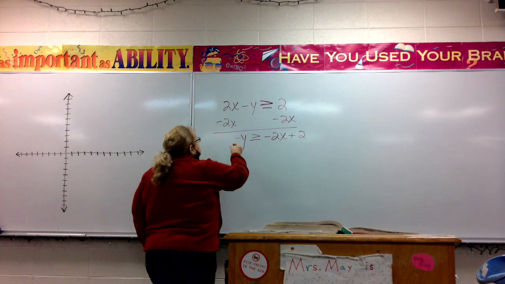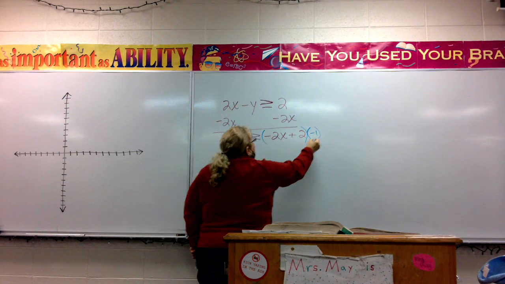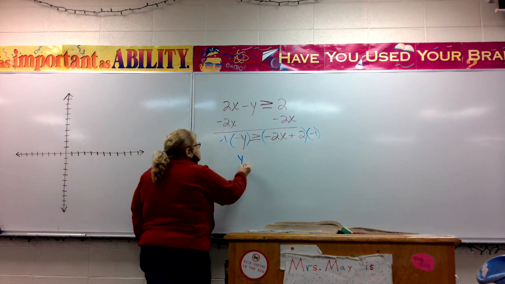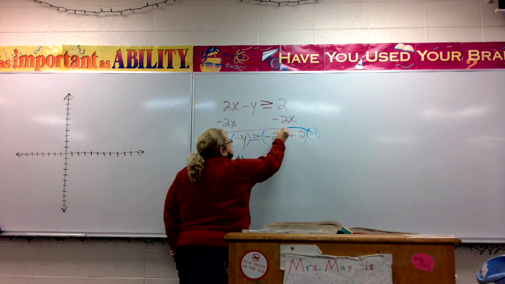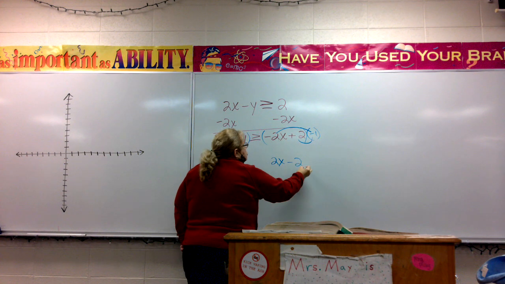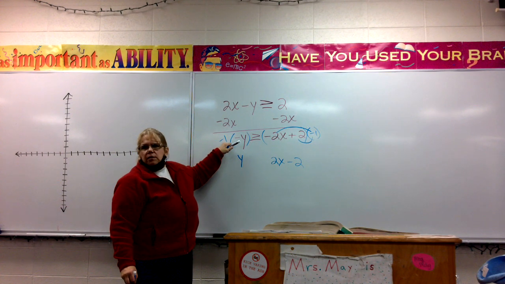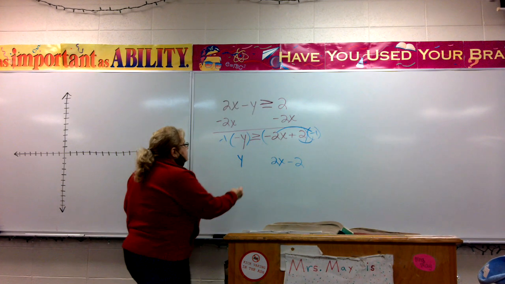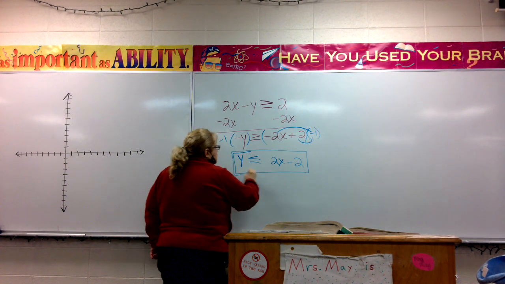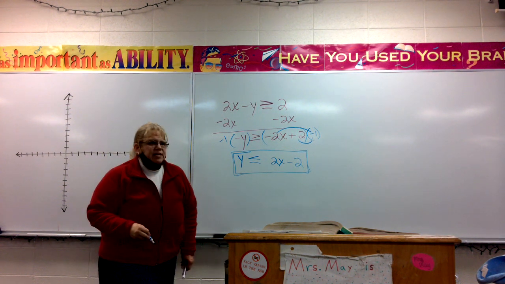So that amounts to either multiplying both sides by negative 1 or dividing both sides by negative 1. This is going to make positive y, this, positive 2x minus 2. And since we multiplied by a negative, right, you have to flip the inequality. So there is my solve for y step.